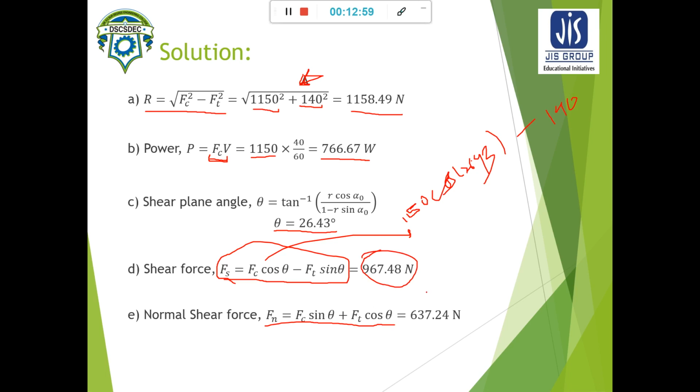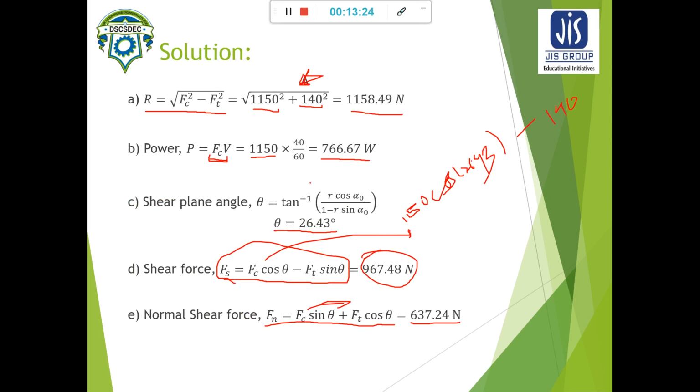Now similarly, if we put the value of Fc and theta in the Fn equation, that is Fn is equal to Fc sin theta plus Ft cos theta, the value will be 637.24 Newton. So this will be our answer. So see here, for the 5 questions asked here, the 5 answers are now written.